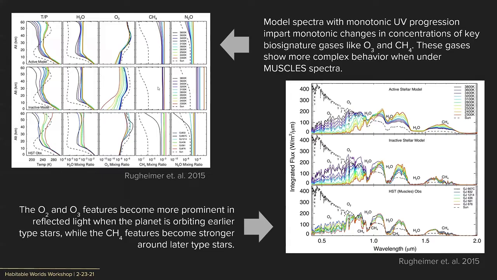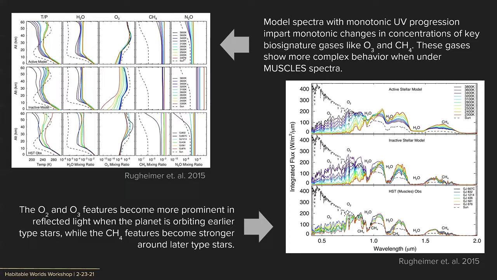Another paper that built off of Segura 2005 was the Rugheimer 2015 paper. Here they use a spectrum of AD Leo, again, which is a very well-studied M-dwarf star. They use a spectrum of AD Leo along with a scaling relationship to create model spectra of M-dwarf stars all the way from M0 to M9.